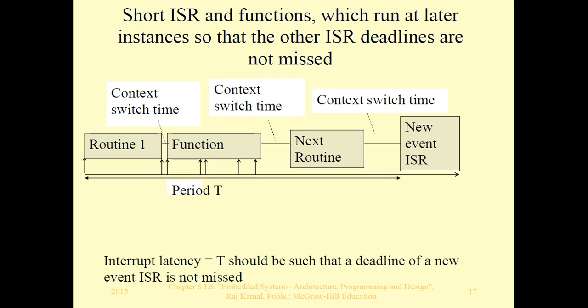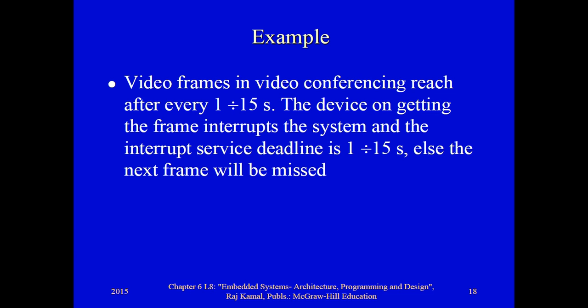So this is another example of how the deadline is maintained. In video conferencing, the video frames arrive at a fixed rate. The device, on getting the frame, interrupts the system, and the interrupt service deadline should be met.